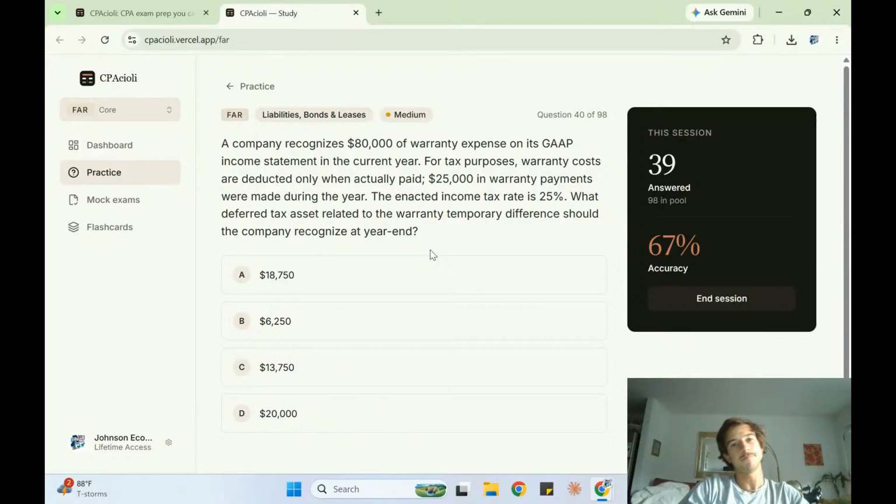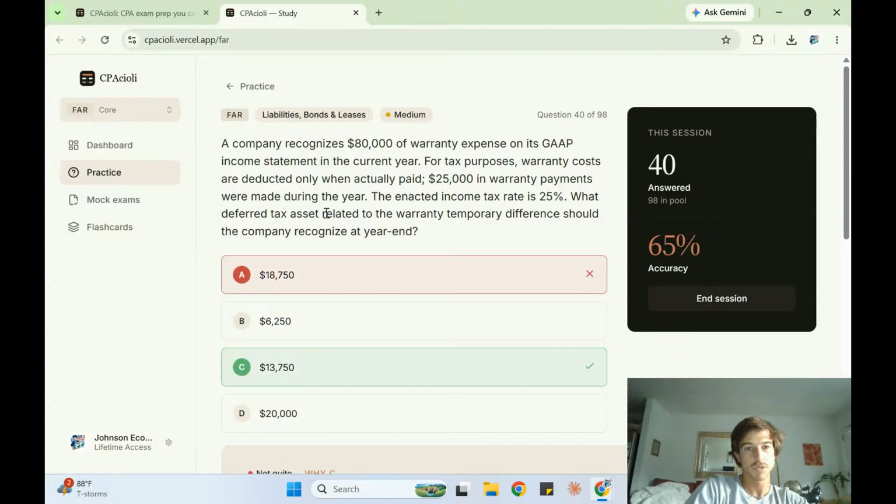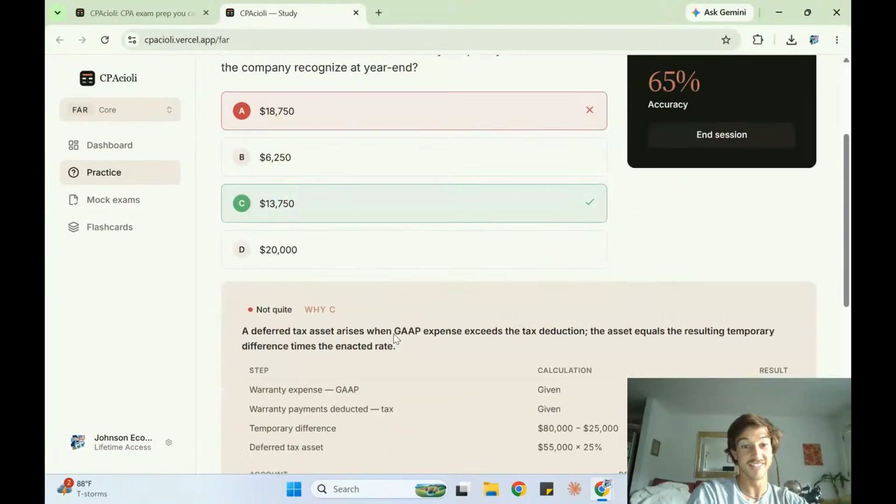Maybe B. Warranty payments, then you multiply by the tax rate. It's either A or B, I believe. Okay, never mind. I have no clue.